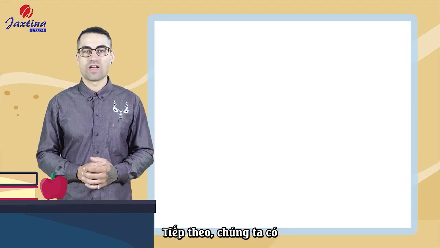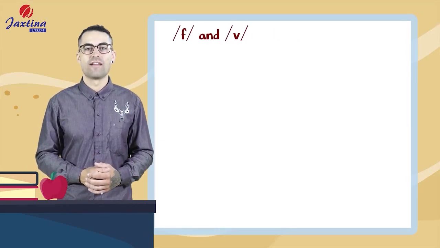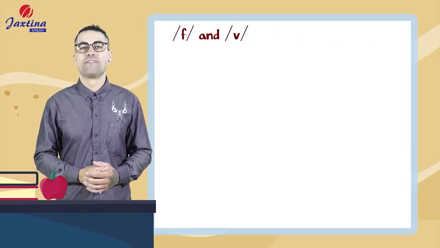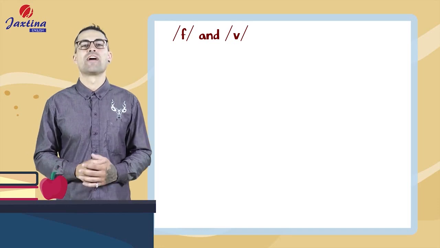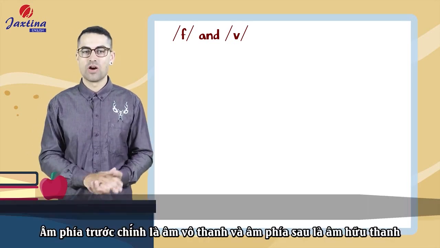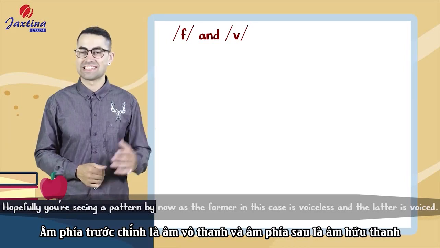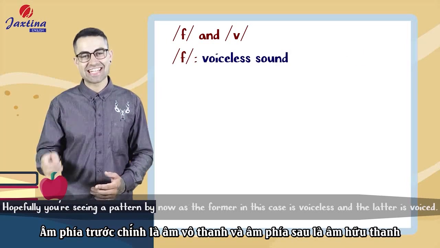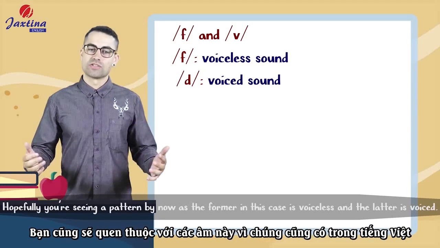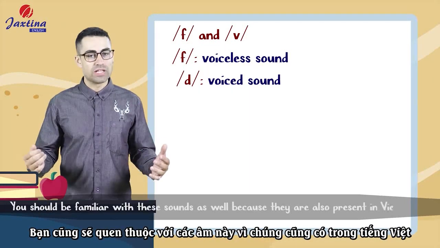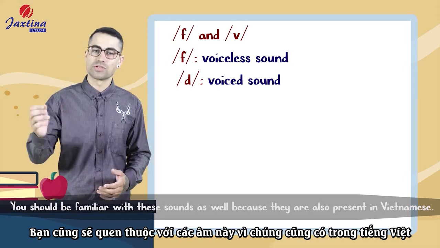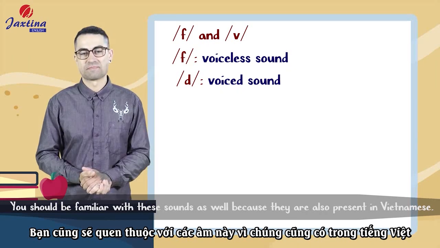Okay, next up we have F and V. Hopefully you're seeing a pattern by now, as the former, in this case, is voiceless and the latter is voiced. You should be familiar with these sounds as well, hopefully, because they are also present in Vietnamese.